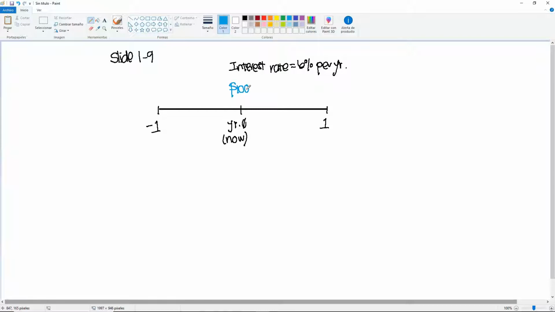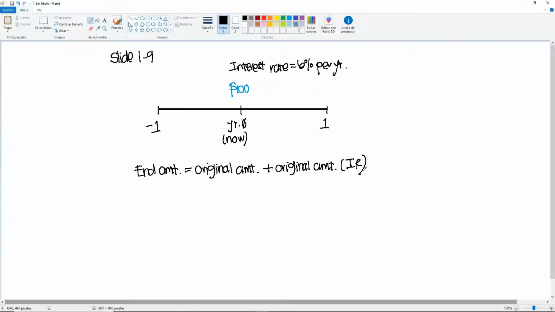So let's go to our formula with the end amount and the original amount. So we know that the end amount is equal to the original amount plus the original amount times the interest rate.